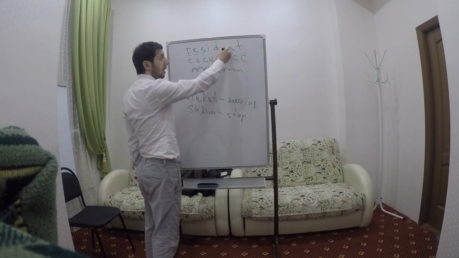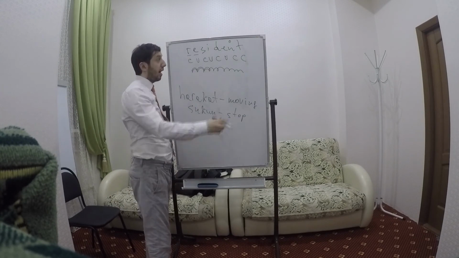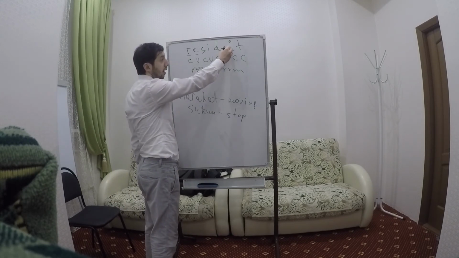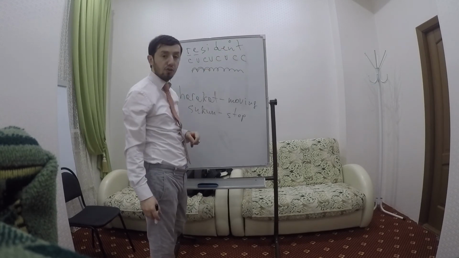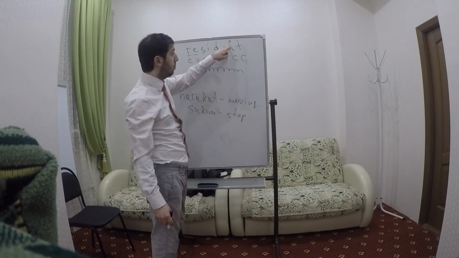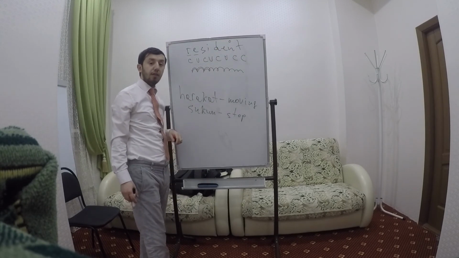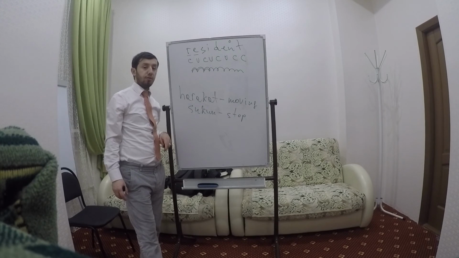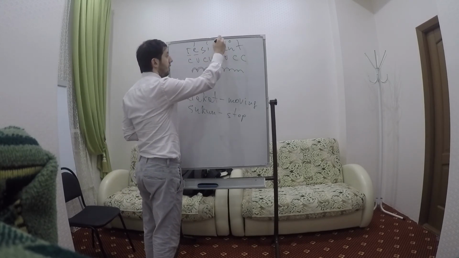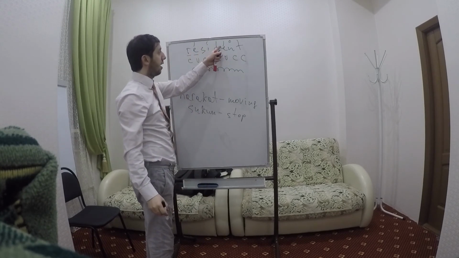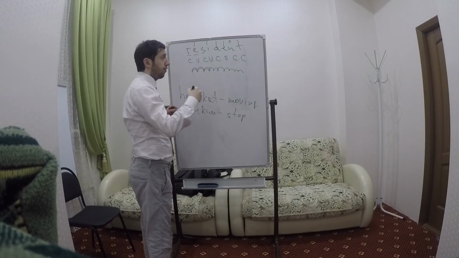You stop here on the N, because after the N there is T. So after the consonant there is another consonant, so there should be sukun on the N. These are harakats, so you can read and move.